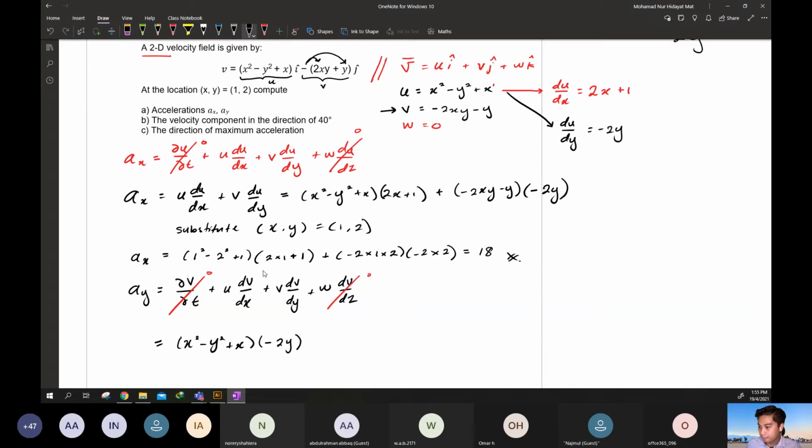Okay, and then v, this is v, negative 2xy minus y. And dv over dy, differentiate in terms of y. So what we got here? Negative 2x minus 1.